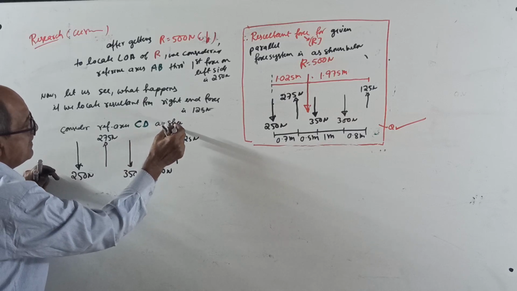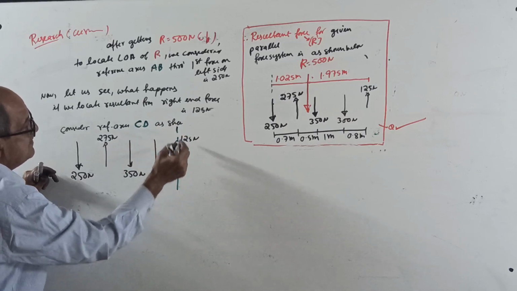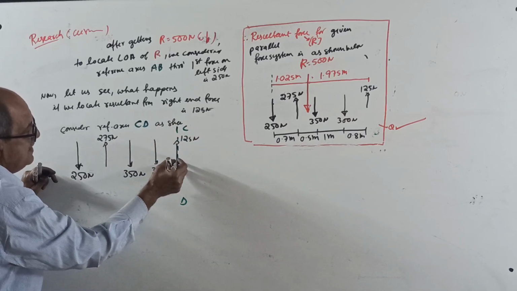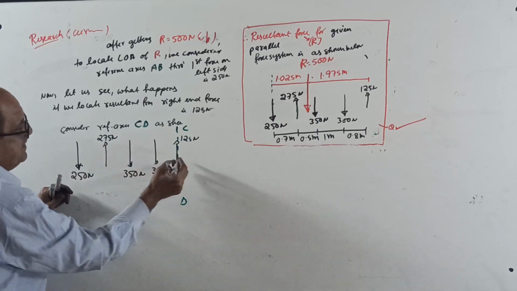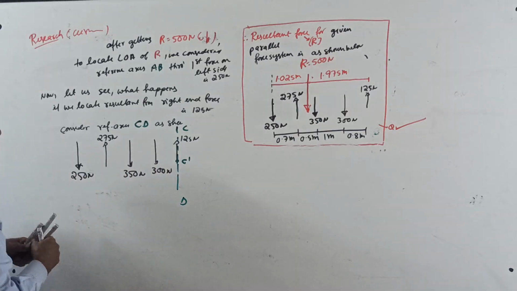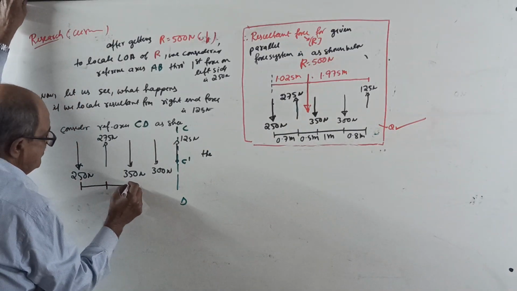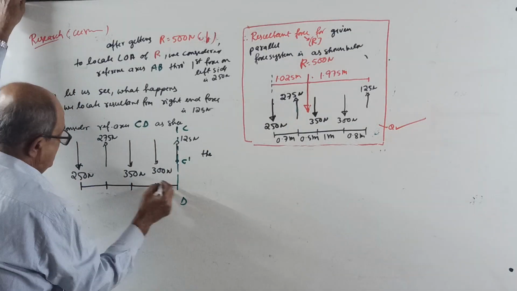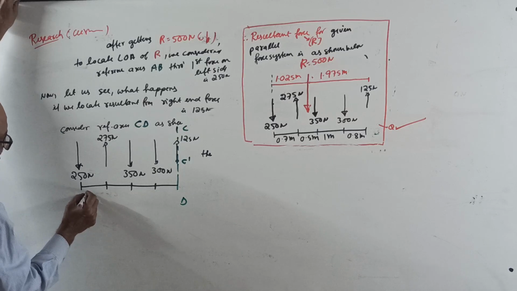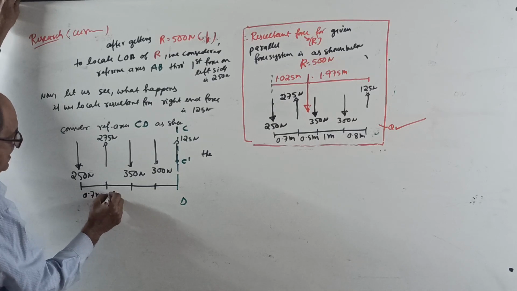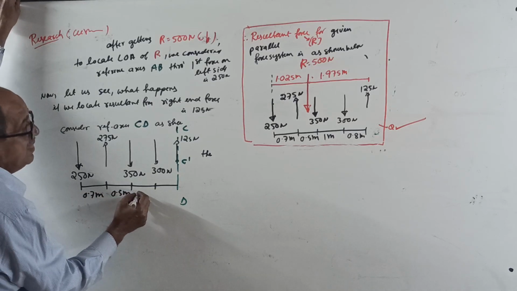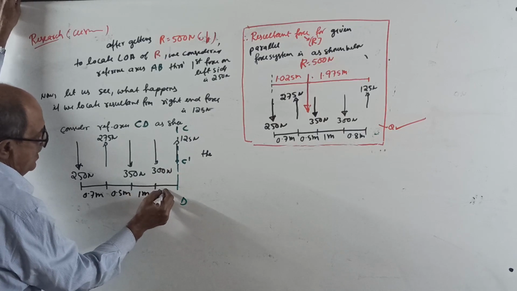Suppose I take the reference axis here, CD. Any point I take here, say C dash. Then the distances: how much? 0.7 meter, 0.5 meter, 1 meter, 0.8 meter.